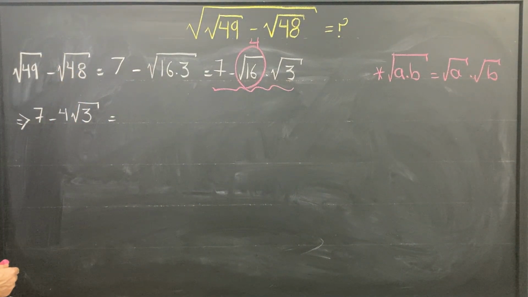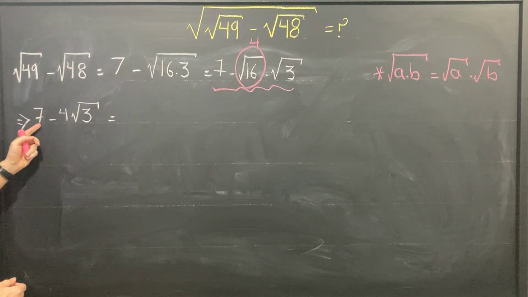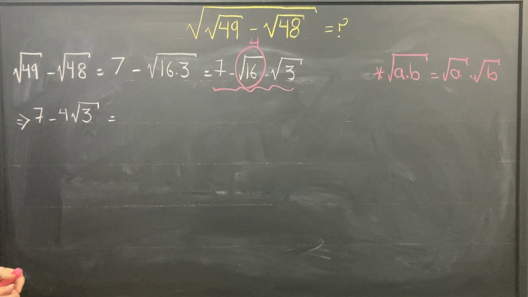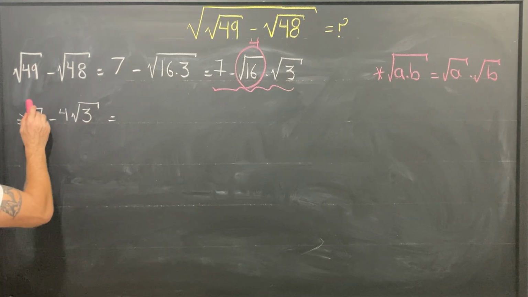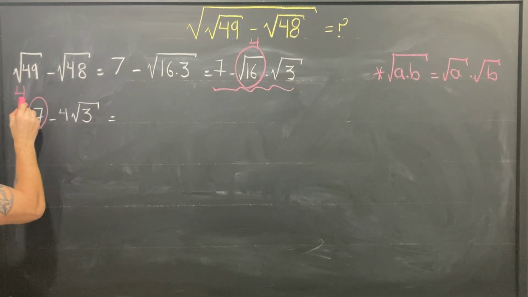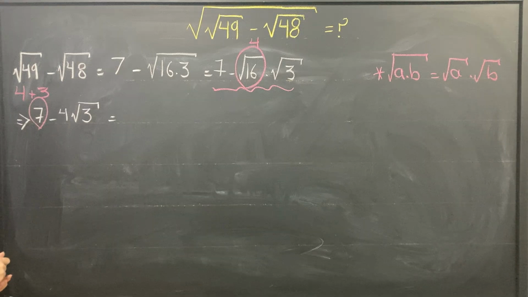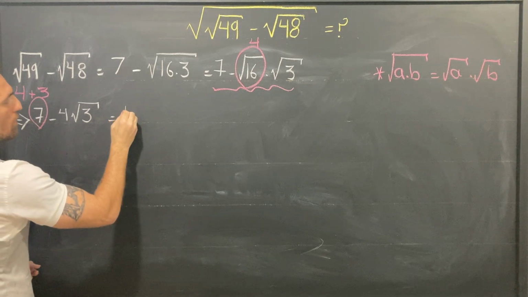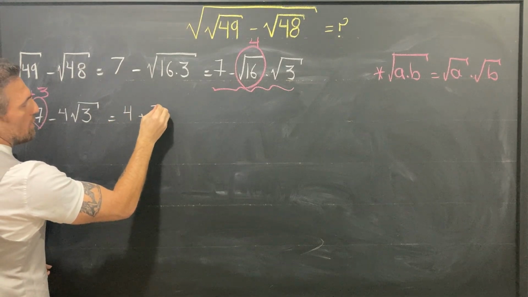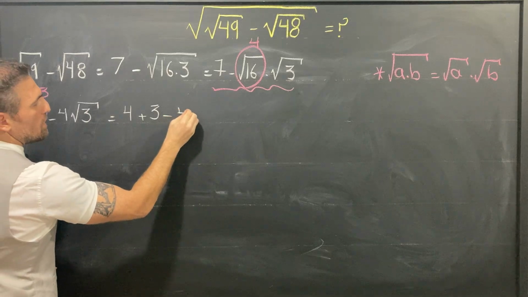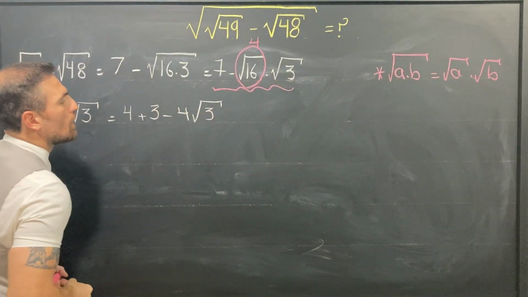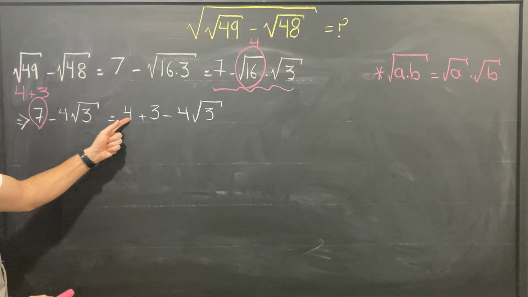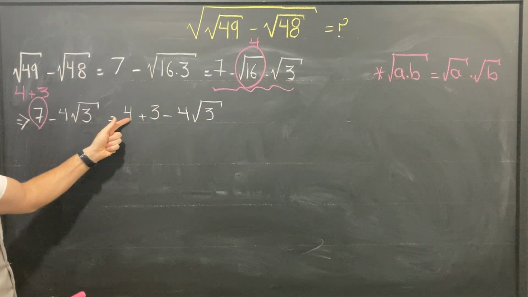To continue the solution, I'm going to write 7 as the sum of two numbers, 4 and 3. Right, 4 and 3. 7 can be written as the sum of 4 and 3. Let's do it. 4 plus 3 minus 4 square root of 3. What is the next? 4 can be written as a product of 2 times 2 or 2 squared.